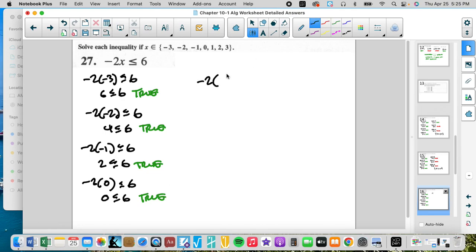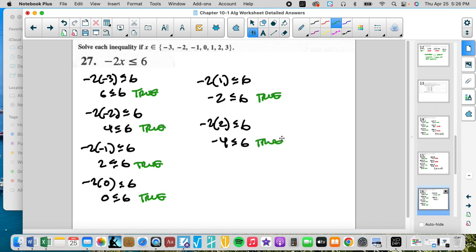Is -2 times 1 less than or equal to 6, is -2 less than or equal to 6. That is true. -2 times 2 less than or equal to 6, is -4 less than or equal to 6.